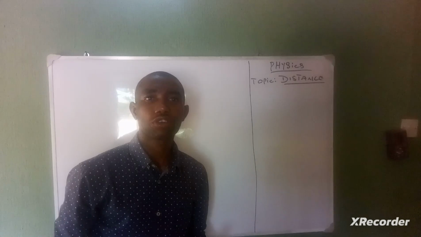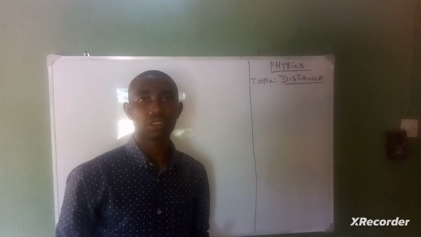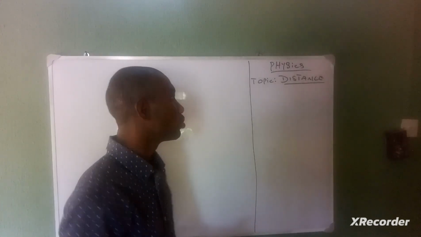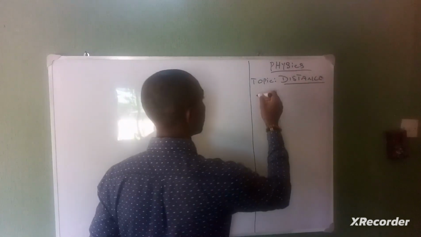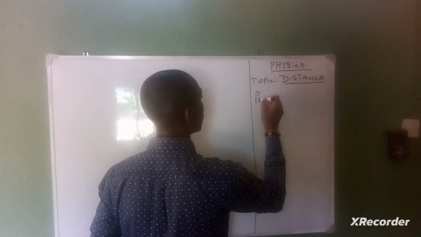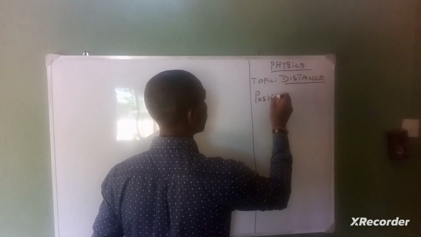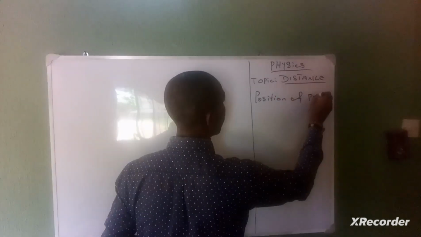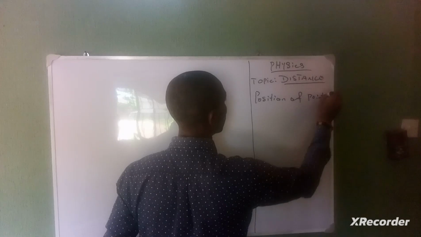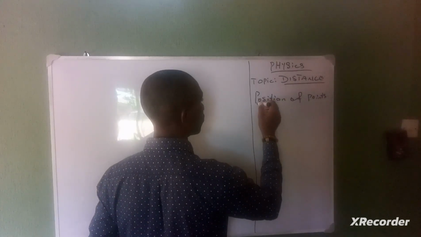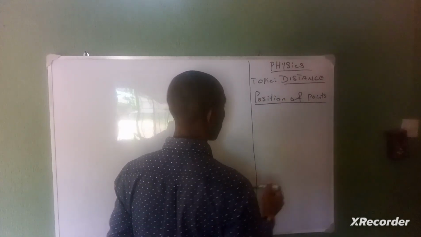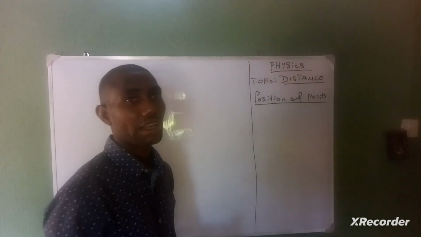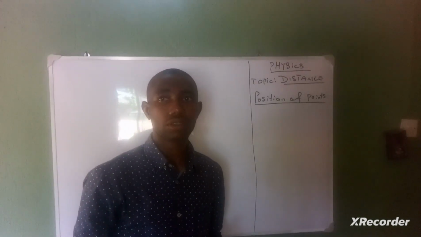In other words, for us to measure the distance between 2 points, we use positions of points in identifying a physical body.